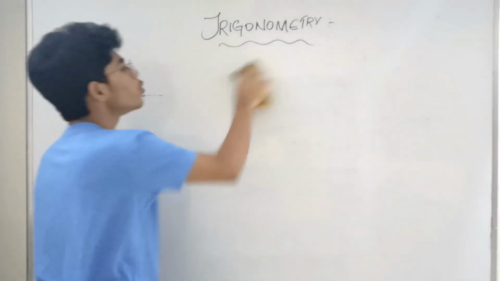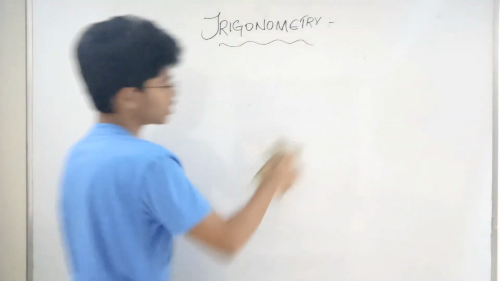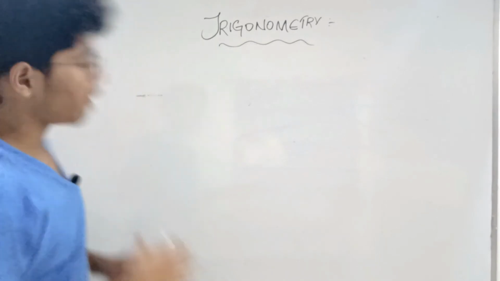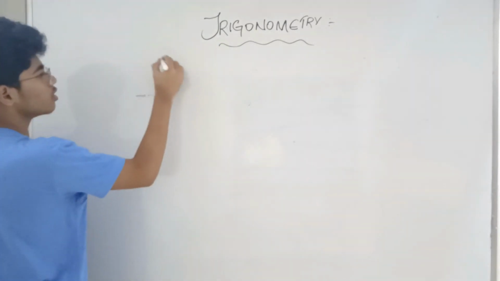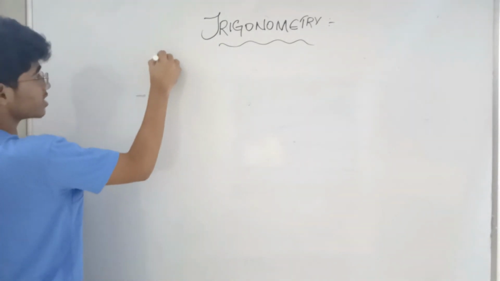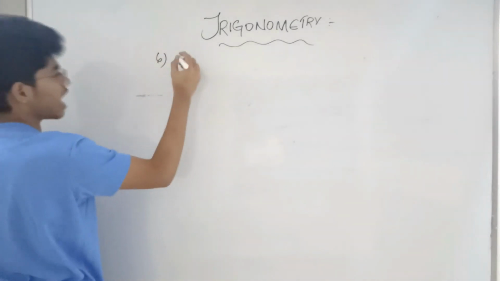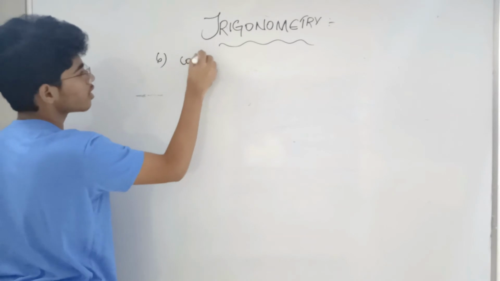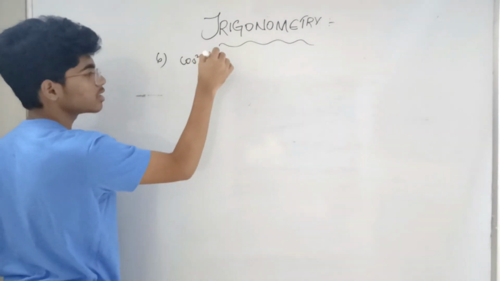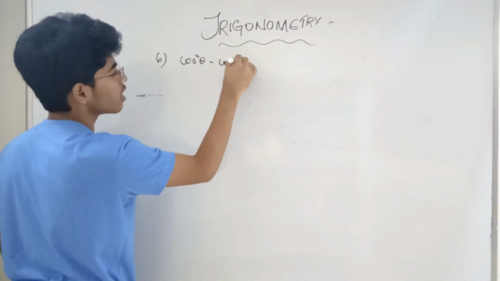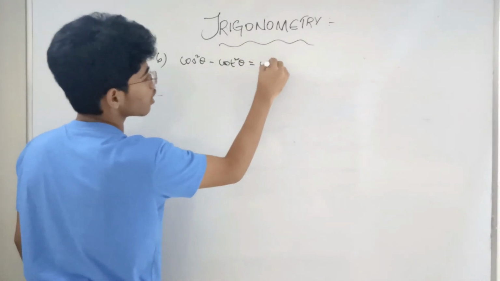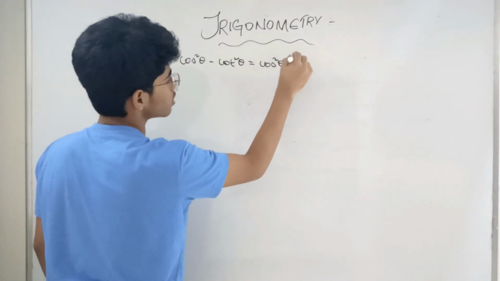And we have more shortcuts. This is 6, right? Yeah, 6. For 6, what do we have? Yeah, we have cosec square theta minus cot square theta equal to cosec square theta times cot square theta.